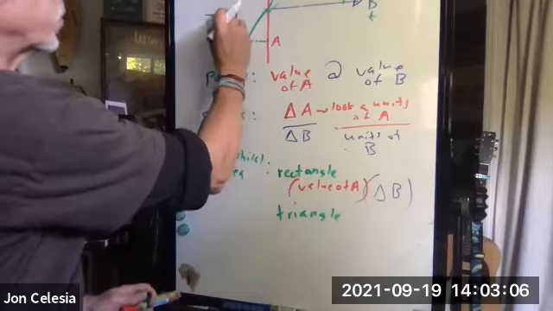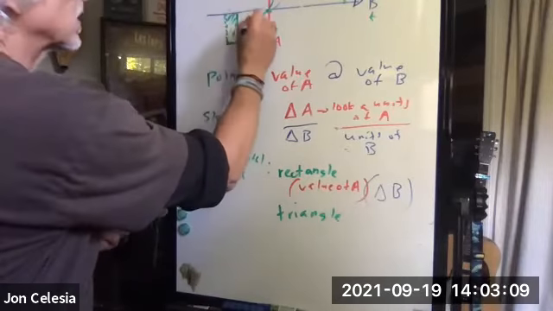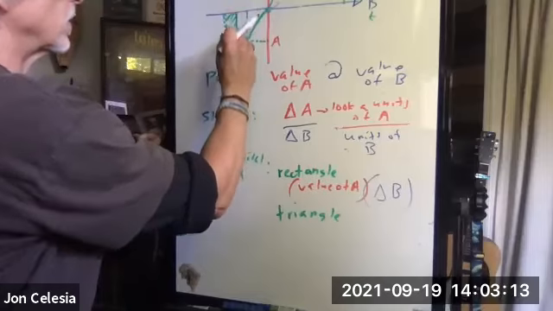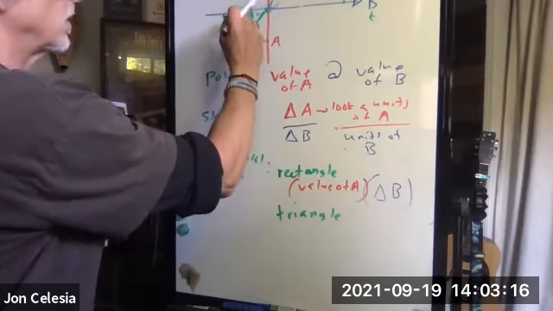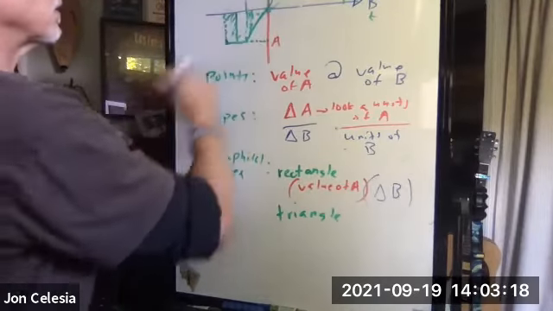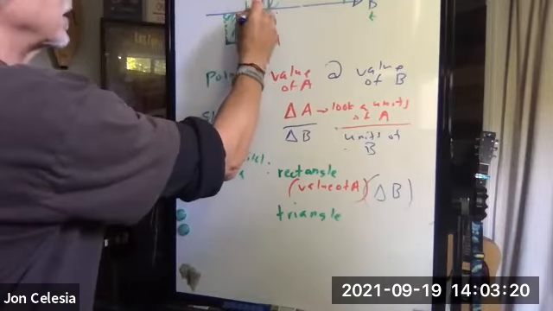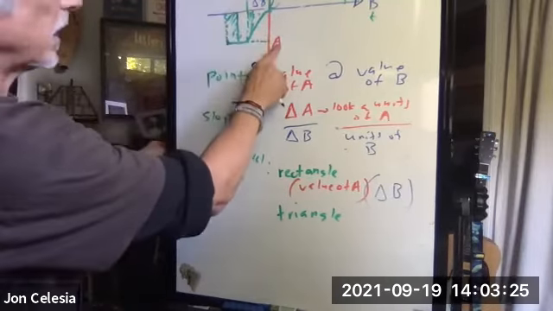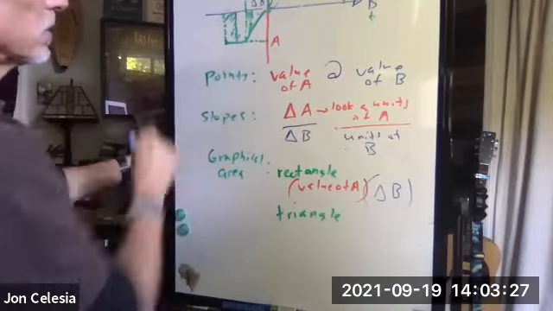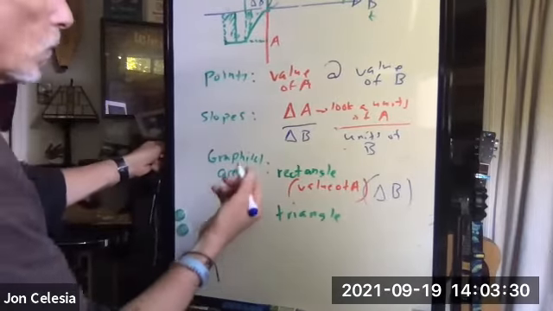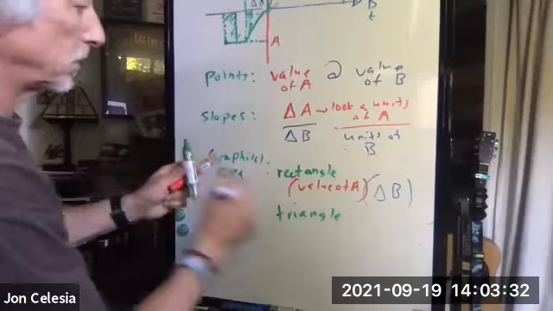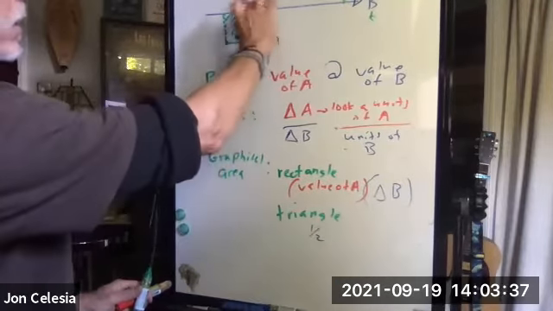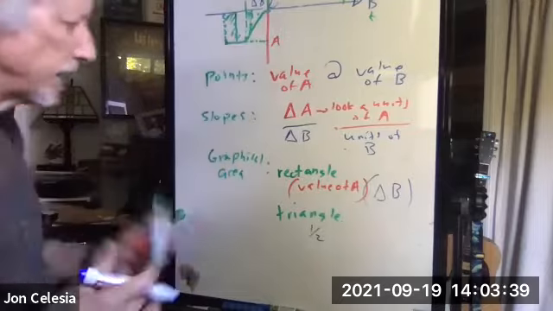The triangle between this axis and that curve, or graph as we call it, is still delta B or delta T, really, times A, but it's half of that rectangle. So the area would be 1/2 that maximum value of A, or however you want to say it.